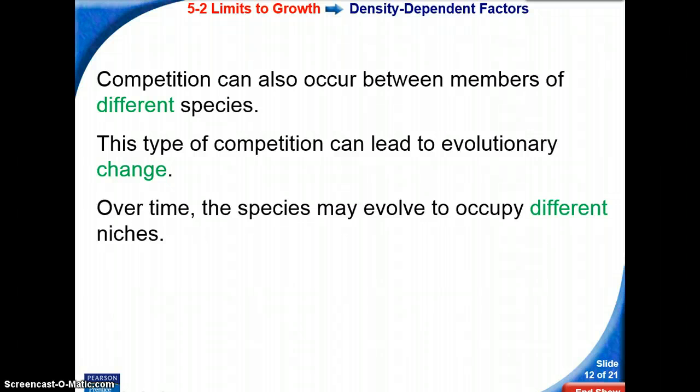If you have an organism that lives in one area, but the food and resources become scarce, they may move to another area to find their resources and thereby become in competition with the organisms that live in that new area, and they might end up taking over the area and the resources that they need to survive.